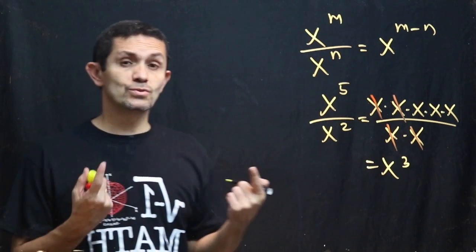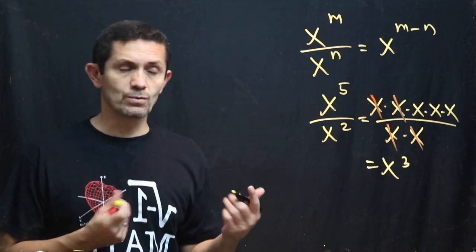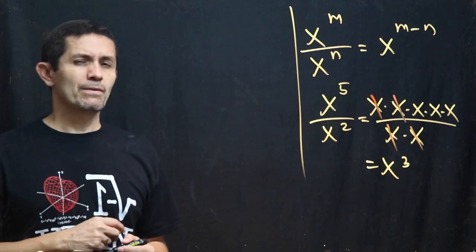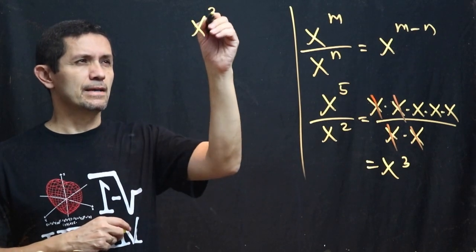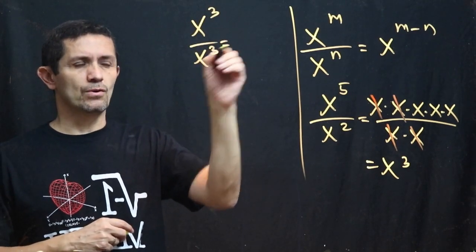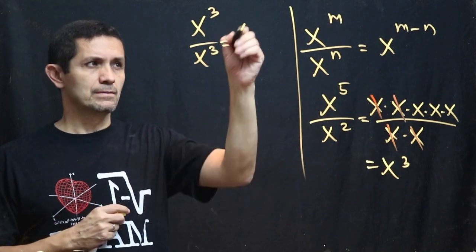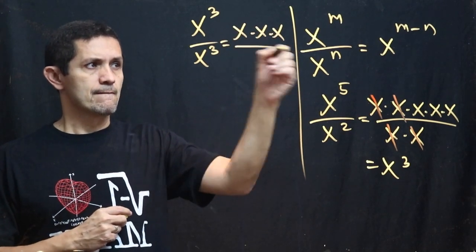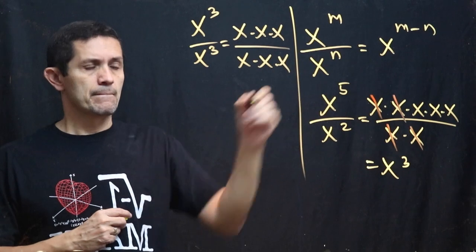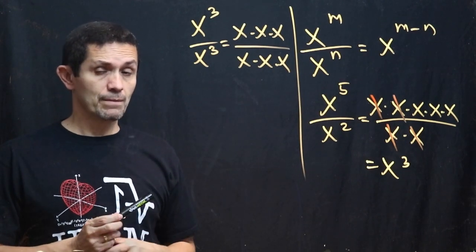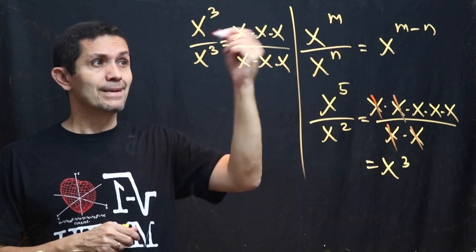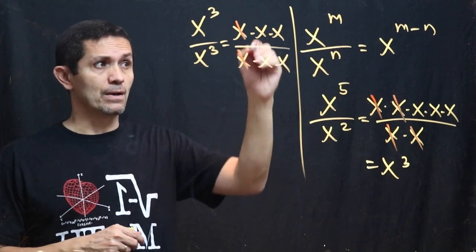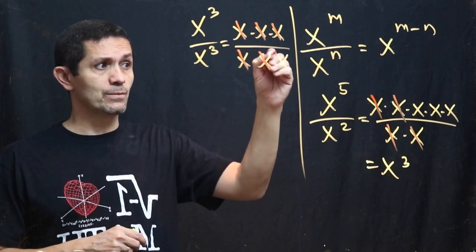Now, let's use this rule to explain another rule. What if I have, let's say, x to the 3rd power over x to the 3rd power? What's going to happen? 3 of them on the top and 3 of them on the bottom. Let's simplify. 1 on the top, 1 on the bottom. 1 on the top, 1 on the bottom. 1 on the top, 1 on the bottom.